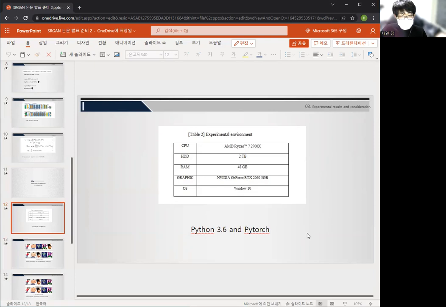And the test images use the game capture screen of the Jump Superstar Dragon Ball stage of Nintendo DS and the character of Dragon Ball Z Budokai 3 of PlayStation 2.